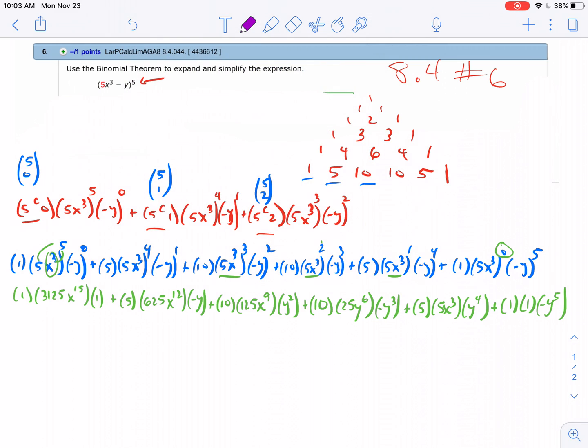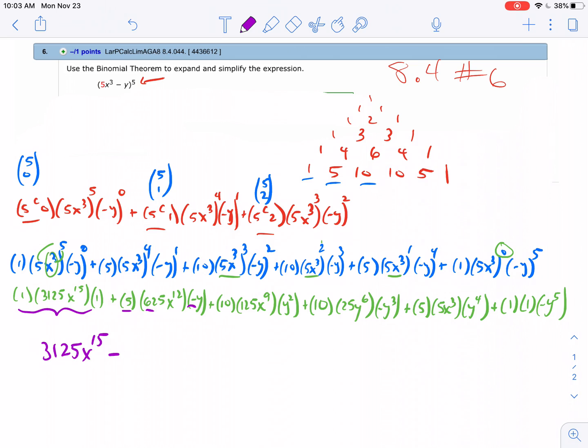Be very careful. If you multiply all of this, you just have 3125x to the 15th. Then on the next one, you have to take 5 times the 625, which is 3125. But then, so I multiplied those two, but then there's a negative 1.